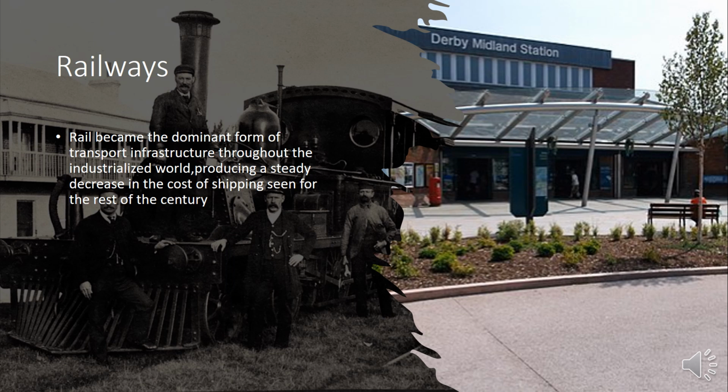Rail is actually a cast iron railroad track wherein trains can run. So this became prevalent and a dominant form of transportation throughout the industrialized world, producing a steady decrease in the cost of shipping seen for the rest of the century. So shipping of goods and farm produce became easier and much cheaper by the invention of the railroad tracks and the trains.